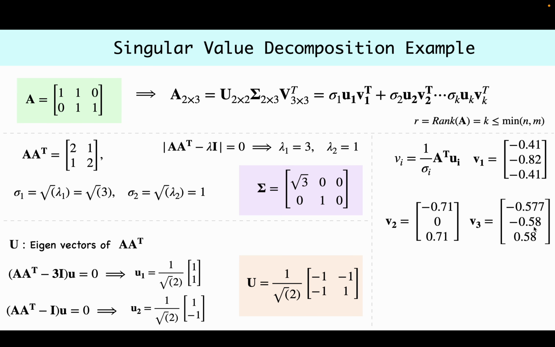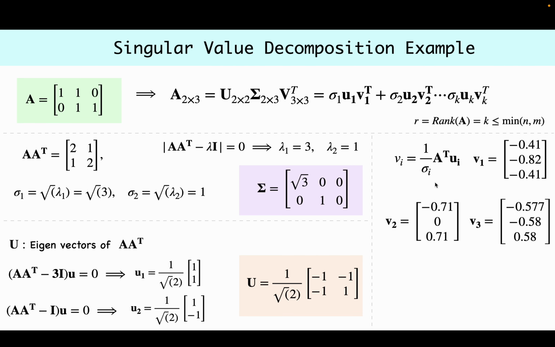In the same way, we could find the V matrix by computing the eigenvectors of A transpose A, but there is an easier way to get it. We know A is U sigma V transpose, so we can send the individual singular values to the other side and compute this.